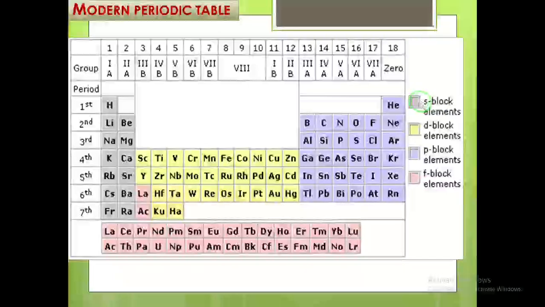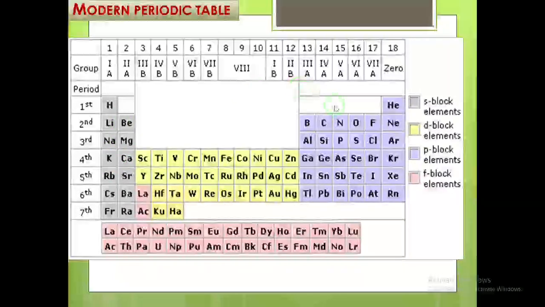That means every part of the periodic table with this color has its electronic configuration in the S block, and we can see that it is group 1 and group 2 elements. So we call this part the S block.